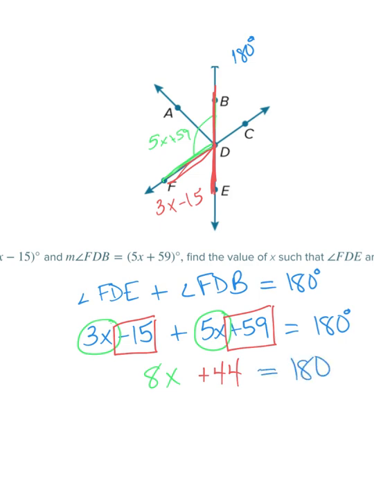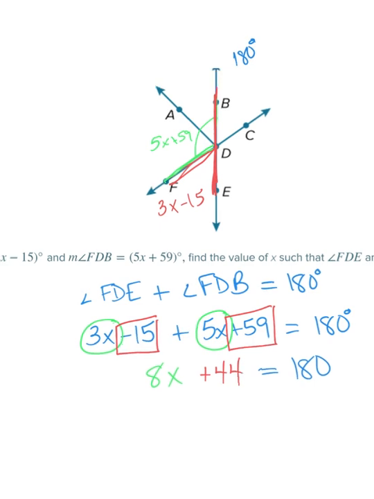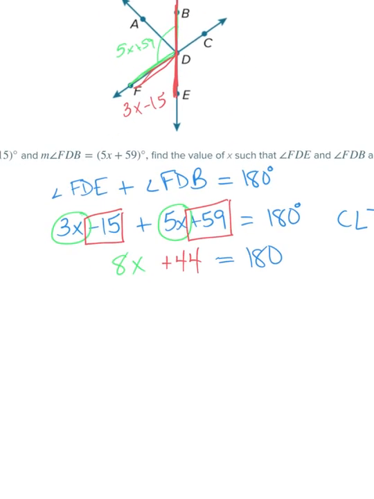So after you combine like terms, or CLT for short, remember we have to solve for x. And to solve for x means we need to get x by itself. So I need to subtract 44 from both sides. Bring down my 8x. The 44s cancel.